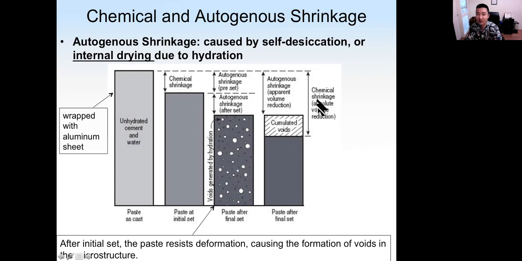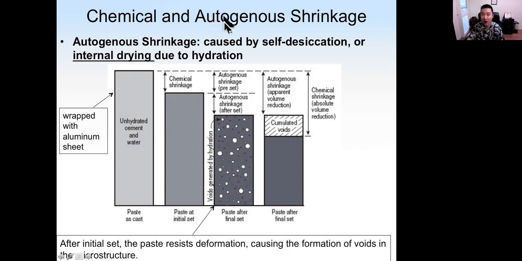We can further classify the chemical shrinkage, which is the total reduction in the volume, as two parts. One is the volume of voids, which is this part, cumulative voids. And the other part is autogenous shrinkage, which is the apparent volume reduction, or the change of the volume and the length of the specimen.